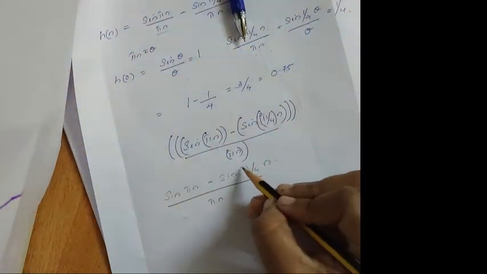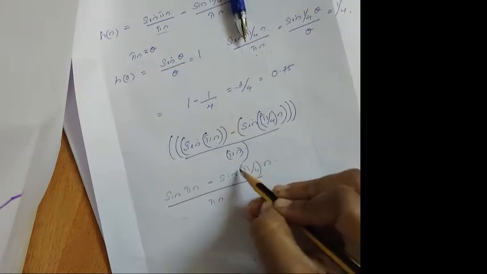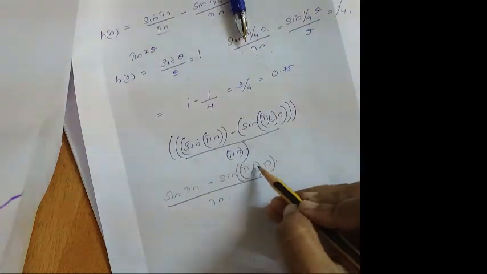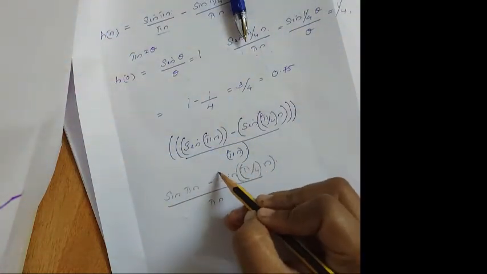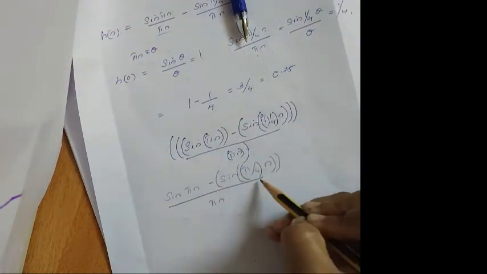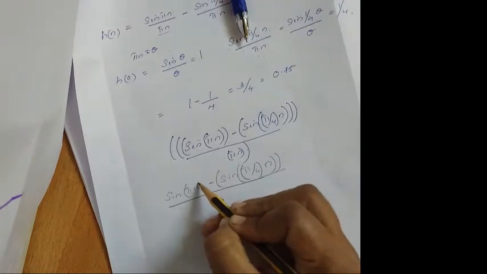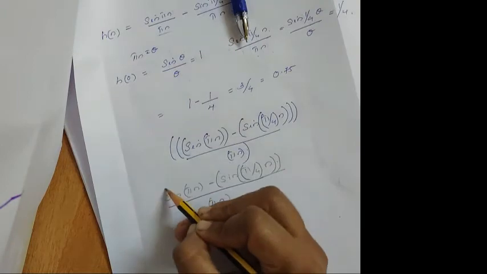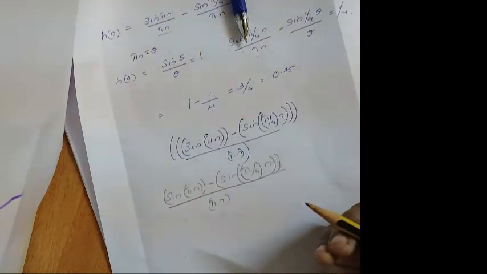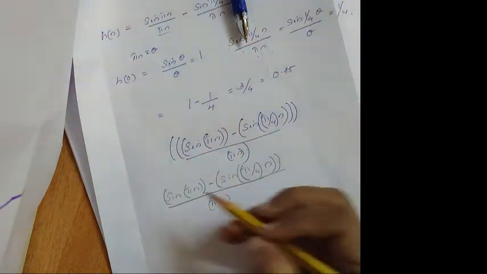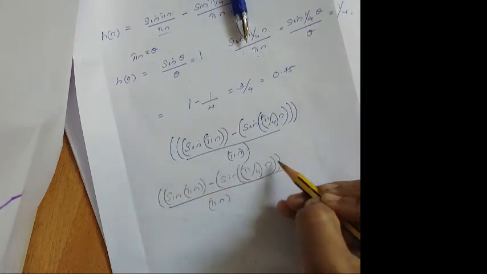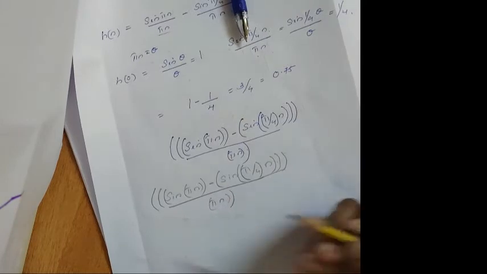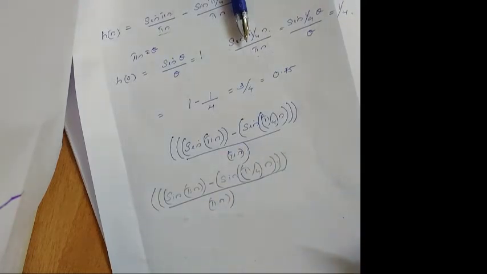For this you have to first find a theta value. For that you are giving this in a bracket, and after finding the theta value you have to find the sine values. For that also I am giving a bracket. Here also pi n and pi n is there, I am giving a bracket. For this theta value I have to multiply sine over there, sine to find the theta. For minus I am giving one more bracket over here, and the whole thing divided by the denominator term.